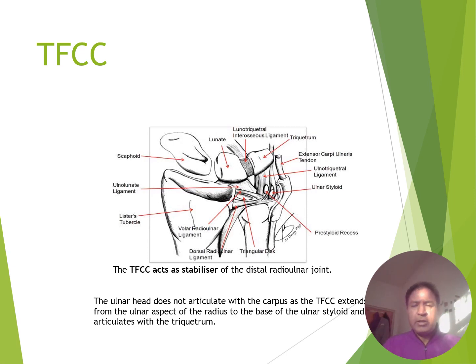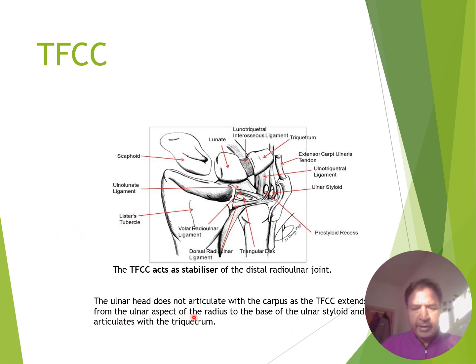Now you can see the TFCC acts as a stabilizer of the distal radioulnar joint. This is the scaphoid here.